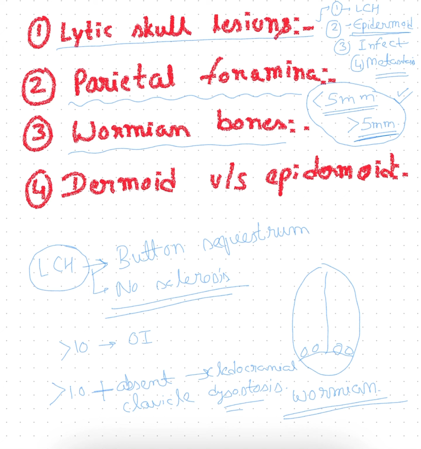The next is cleidocranial dysostosis. Then hypothyroidism or hypophosphatasia can also cause it. And one is acroosteolysis, in which there is erosion of the bones at the tips of the fingers. So these are the associations with the Wormian bones.